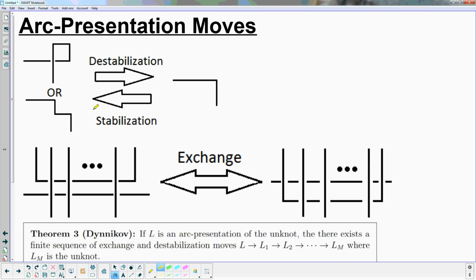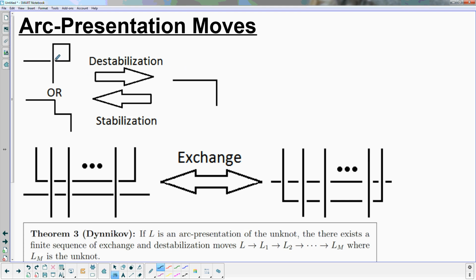Those arc presentation moves that I talked about, we have two of them, kind of three of them. We're only going to be focusing on two because of a pretty easily discovered fact. We're going to deal with destabilization.